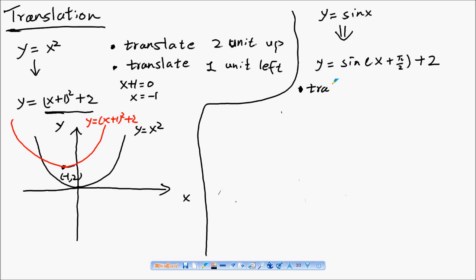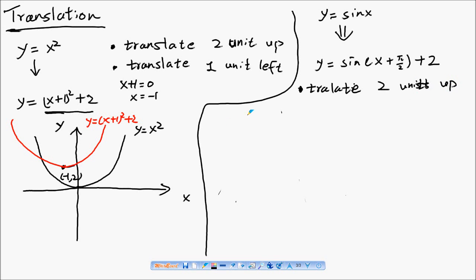Let me do the vertical one first. Translate 2 units up, because we have a positive 2 there.